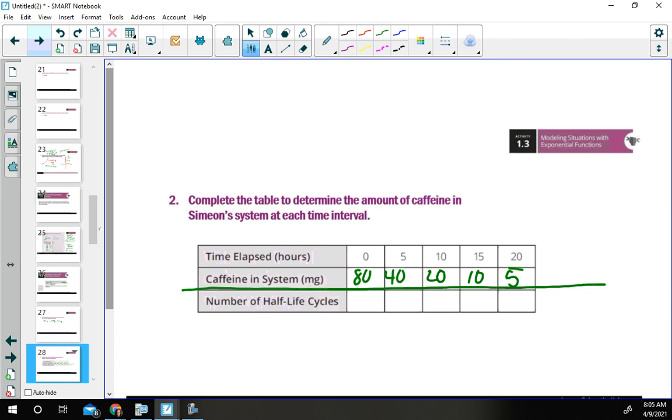Basically, it's saying how many cycles it went through. At 0, it hasn't cycled yet, but after the 1st cycle, we are now there. My 2nd cycle, 3rd cycle, and 4th cycle. After the 4th cycle, we will have 5 milligrams of caffeine left in our system.